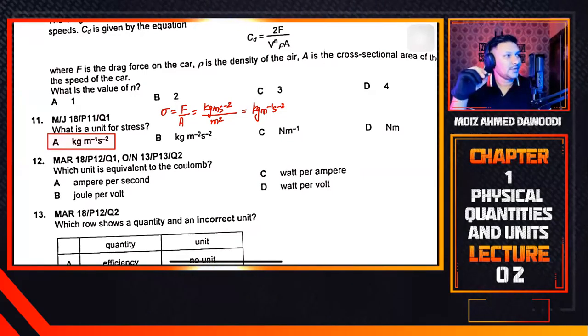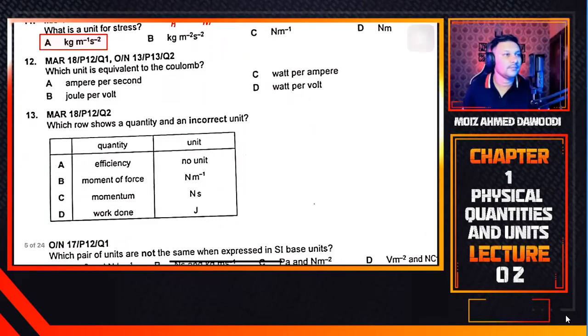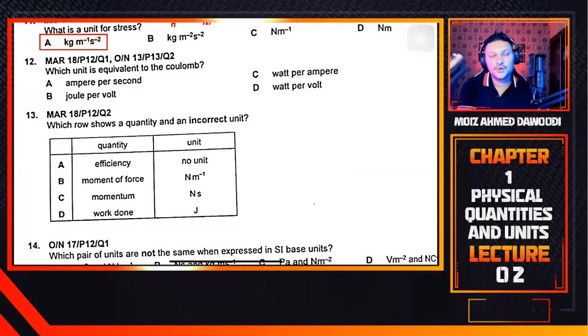Now, which unit is equivalent to coulomb? Okay. So, what do you think? Which unit here is equivalent to coulomb? First of all, recall what coulomb is the unit of. Charge. So the formula for charge is Q equals to IT.